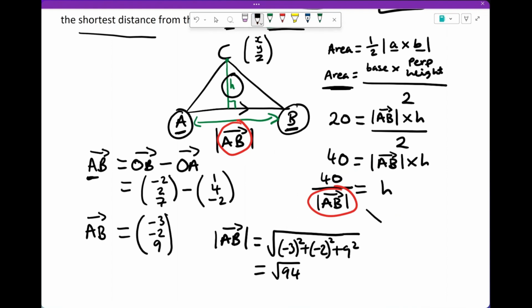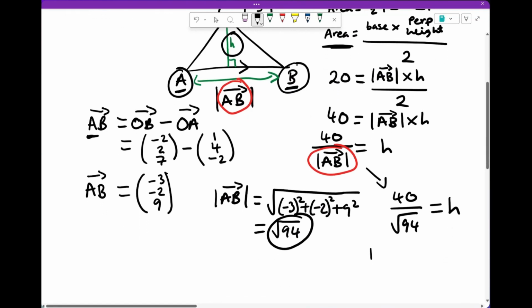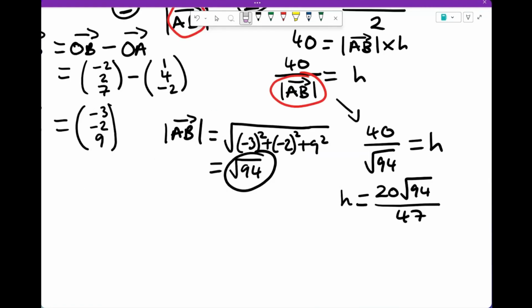So from this, we are going to get that 40 divided by the square root of 94 is equal to h. And if we pop that calculation into the calculator, as an exact value, we found that h is going to be equal to 20 times the square root of 94 over 47. And if we wanted it as a decimal, it would be 4.13 to 3 significant figures. And that would be the shortest distance from C to the line AB.